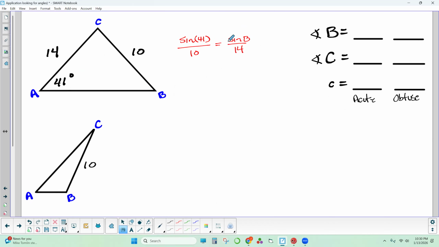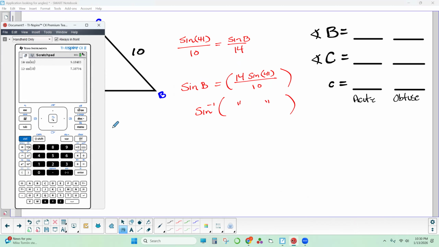Now, I've got to isolate sine B. So if I do that, I'm going to get sine B equals 14 times sine of 41 degrees divided by 10. Okay? So I've got to use inverse sine because I'm looking for the angle. So I'm going to go inverse sine, and plug this in right here into my calculator.